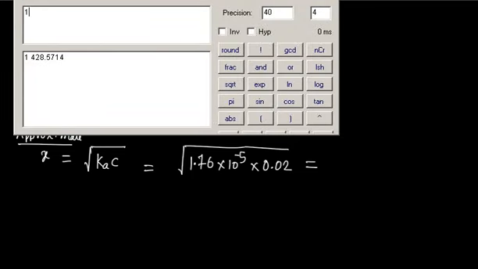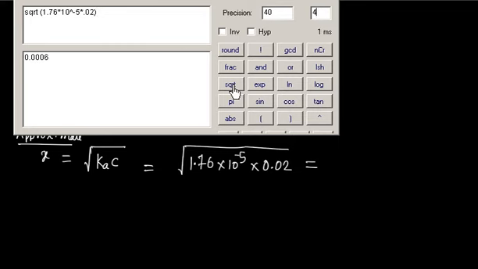So square root of 1.76 into 10 raised to the power minus 5 into 0.02. This value comes out to be 0.006.